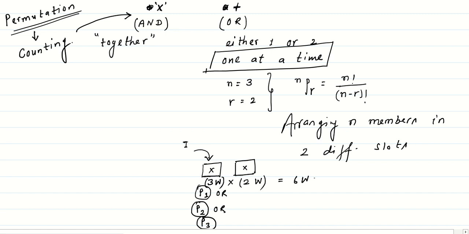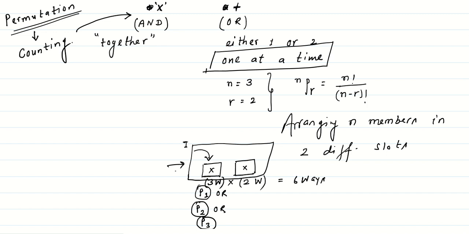Do you know why? Because I need these two slots to be occupied together at a time. Together means multiplication. And also there is a concept called the branching out concept. Let's understand.